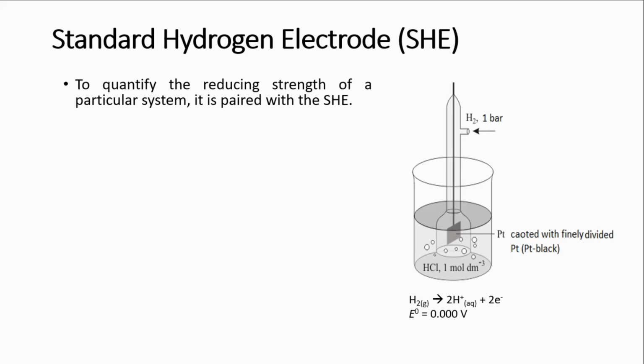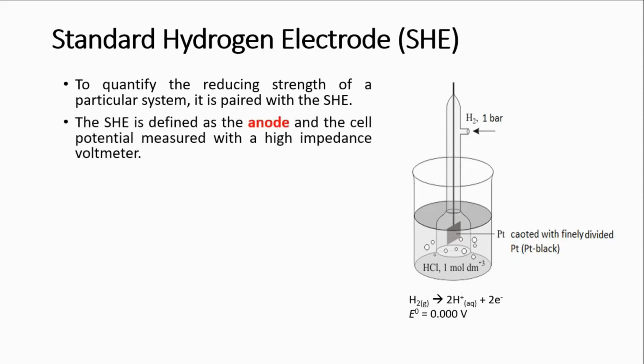So this cell does not contribute a potential value, and this is a designation that the scientific community has agreed on. So this one does not make a contribution. If the SHE is one of the half cells in the voltaic cell, whatever you get on the voltmeter is due to the metal that you're investigating.